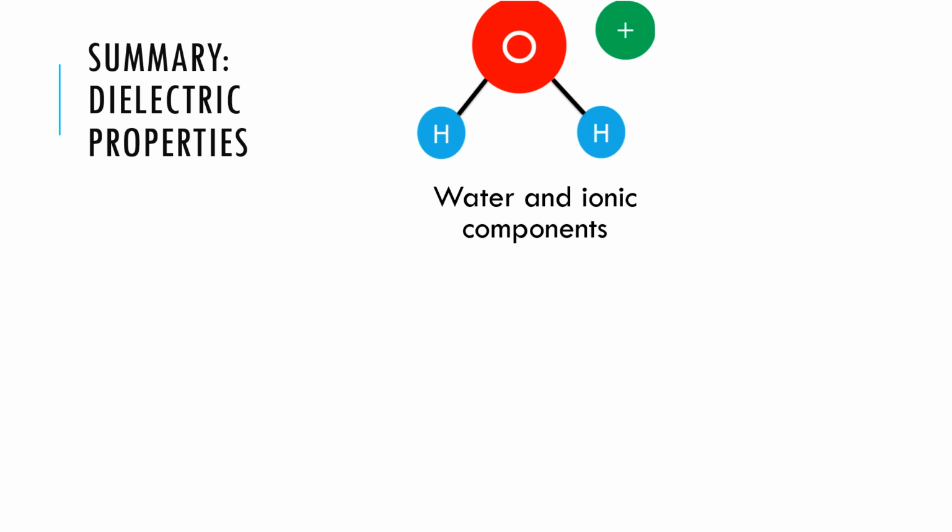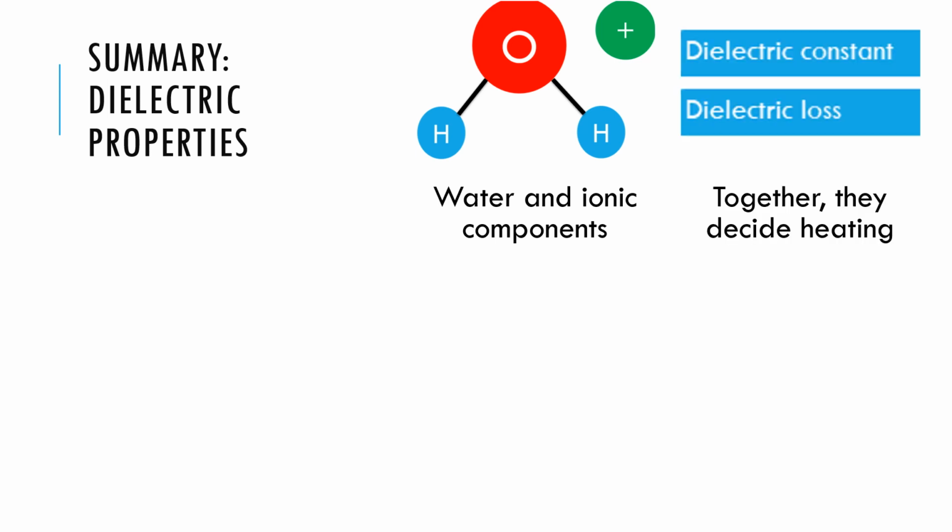So their ability to interact with microwave are characterized using two properties, dielectric constant and dielectric loss. Together they decide heating, not just one property, not just the dielectric loss, but together they decide heating.